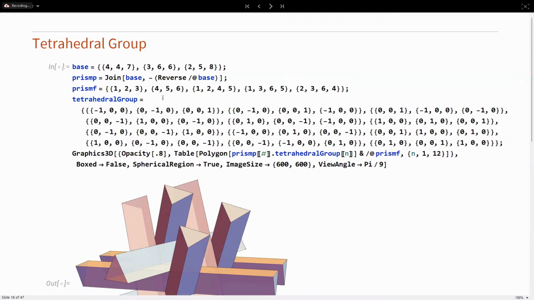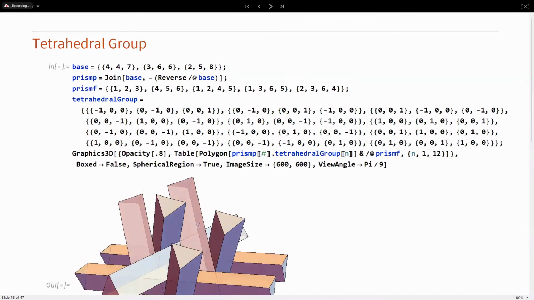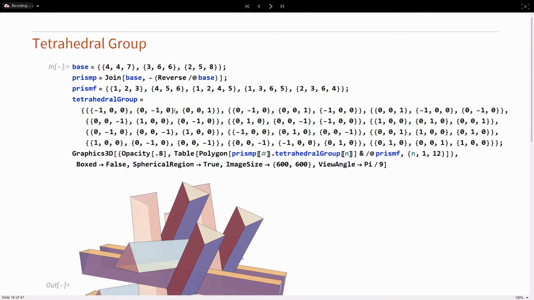So once you've got these rotation matrices, there's a subset of 12 matrices, and here they are, these 12 matrices, which are known as the tetrahedral group. And with those, I can build these 12 prisms and join them together.